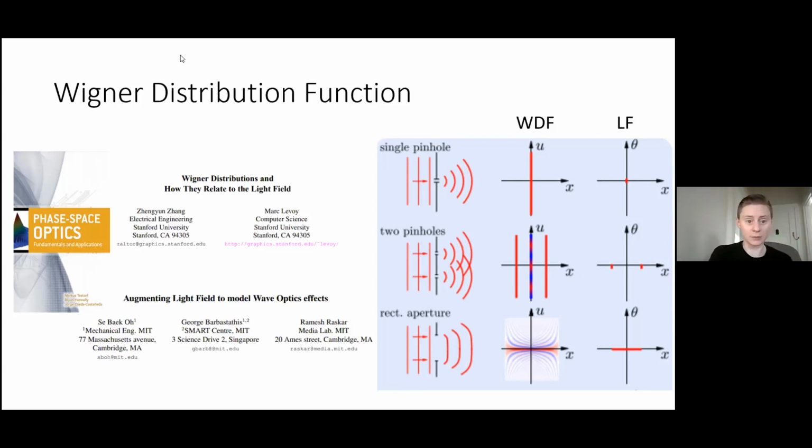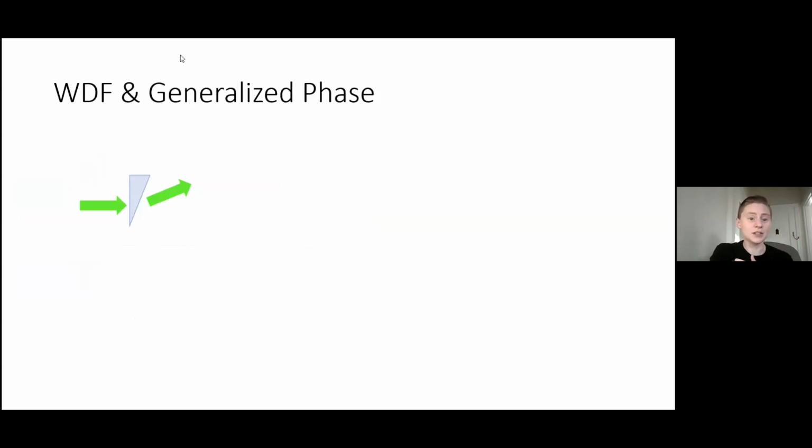Really cool, useful object. And we're going to use it to generalize the notion of phase. That's a pre-existing idea, but it's something that we will be using. So if I have a beam that gets deflected by a prism, at any point in space I can ask, what is my phase? Because there's one wavefront propagating through the scene, and I can pinpoint where I am along that wavefront.